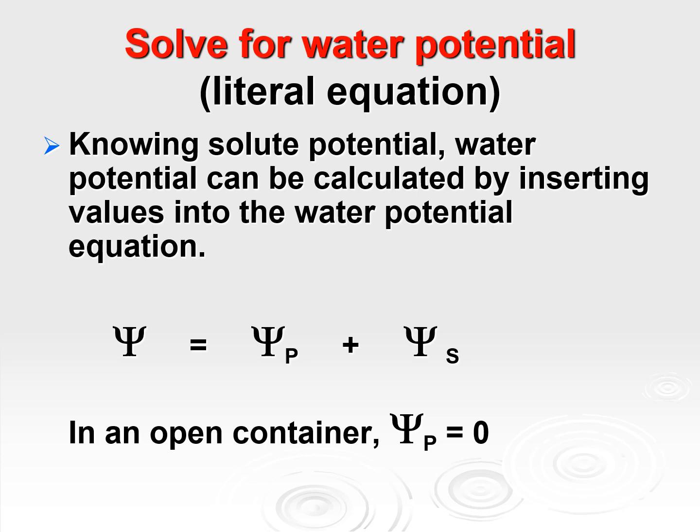So when we solve for water potential, if you know the solute potential, water potential is calculated by inserting values into the water potential equation. So water potential is equal to pressure potential plus solute potential. Remember that in an open container, the pressure potential is going to be 0 always. So you are going to have to calculate this in some cases.